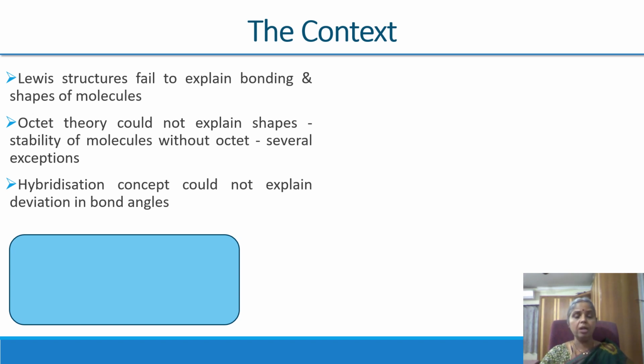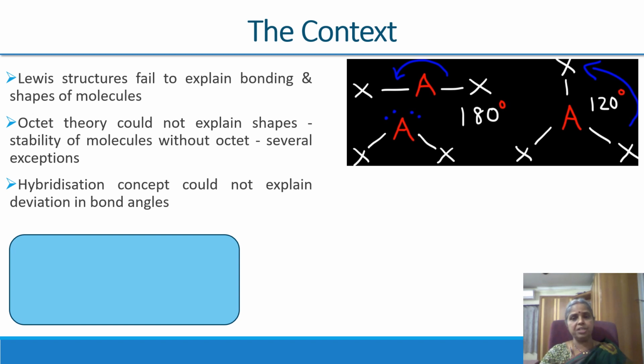For example, in ammonia, nitrogen undergoes sp3 hybridization, but the bond angle is not 109.5 degrees, it is only 107 degrees. Why? Hybridization says nitrogen is undergoing sp3 hybridization, so a tetrahedral bond angle has to be there, but the bond angle is less than the tetrahedral bond angle. This fact could not be explained by the hybridization concept.